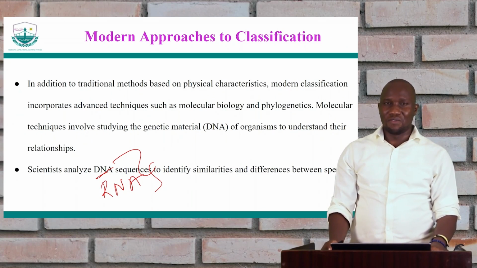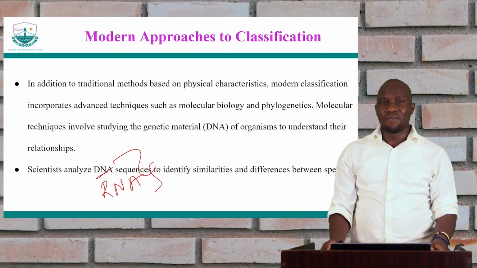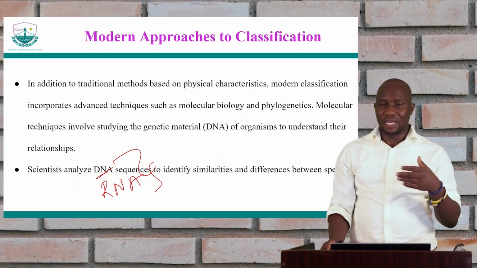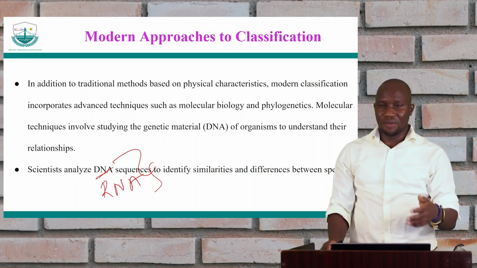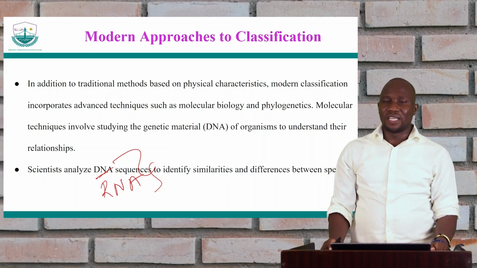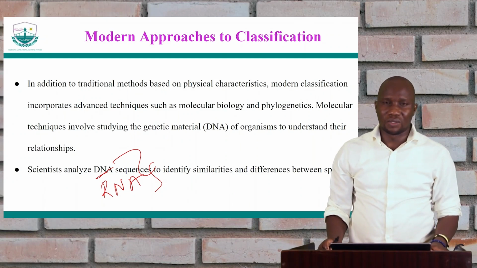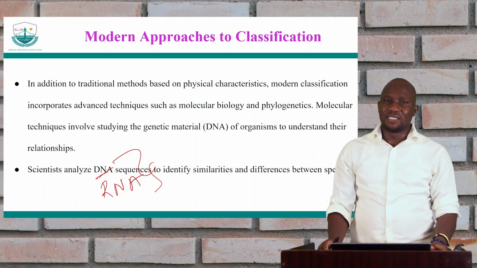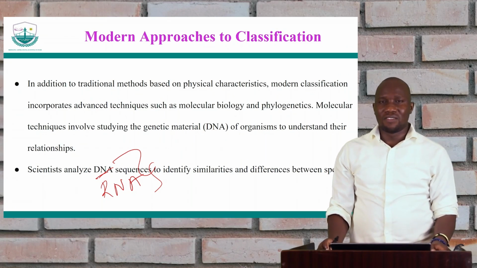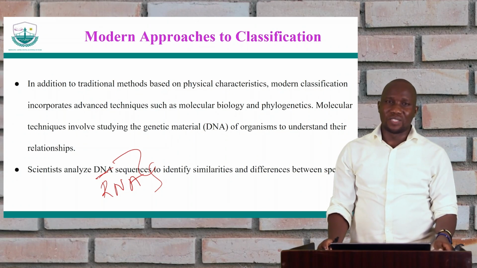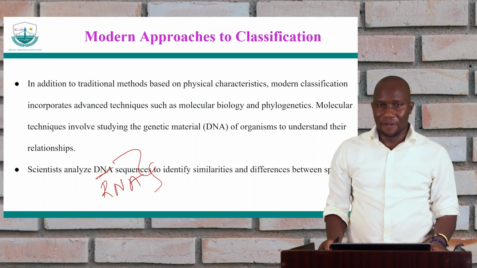So this classification is very important, and we have classification based on characteristics that we see with our eyes, and those that we can analyze using a microscope and other technological techniques to look at what molecules are there, for us to classify them based on molecular structures.